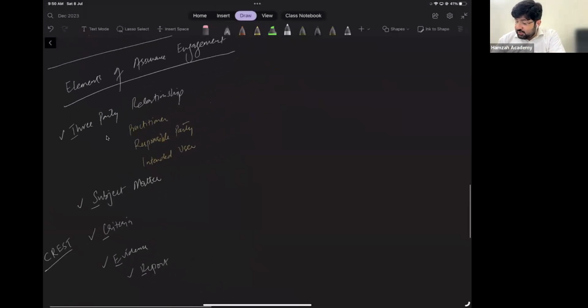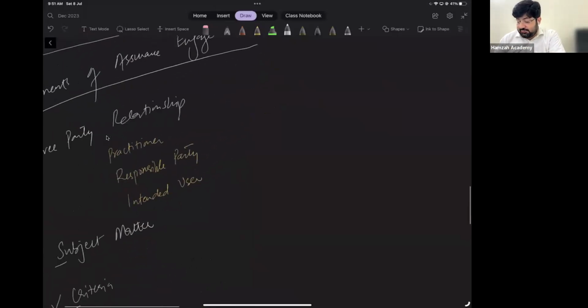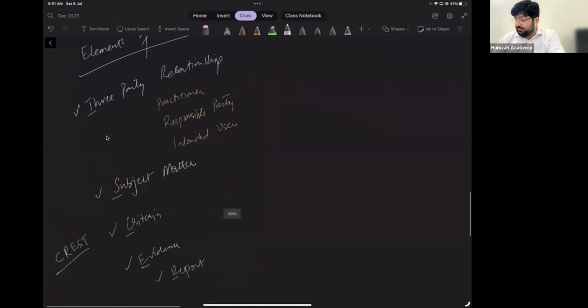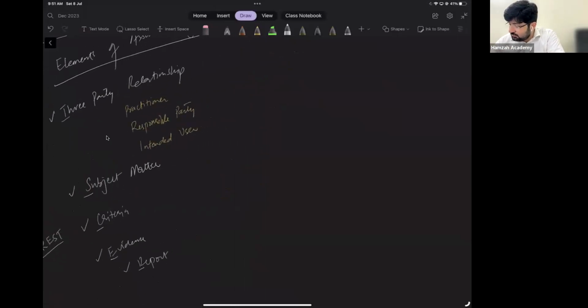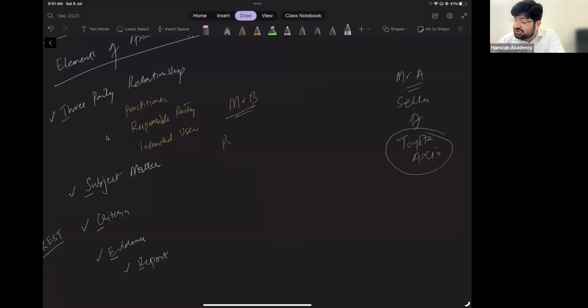So let us link with the concept of a car. For example, Mr. A is the seller of a Toyota Axio car. Mr. B is a potential buyer.